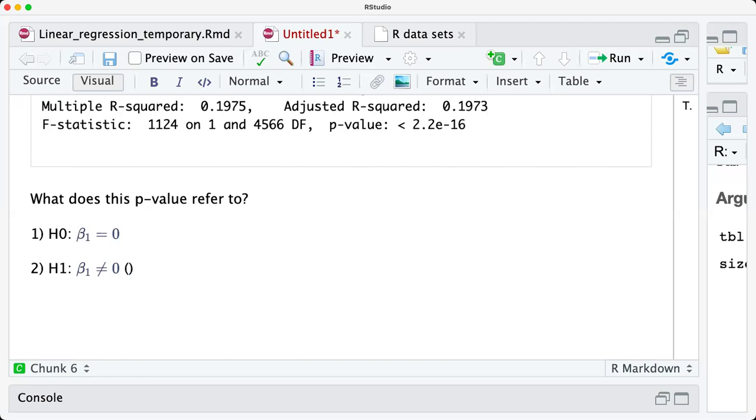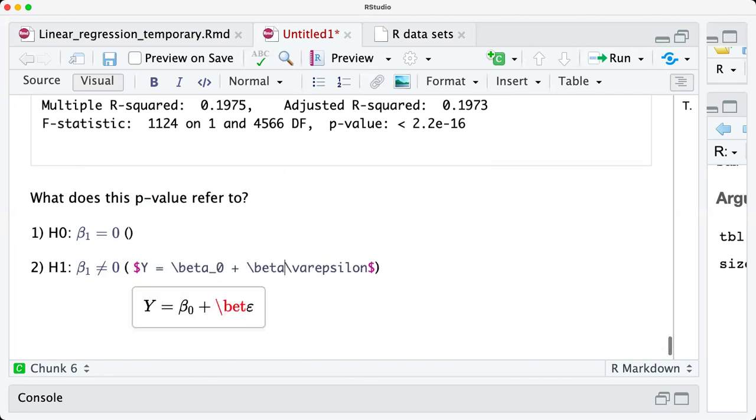And of course, we assume that y is equal to beta 0 plus beta 1 x plus a noise.